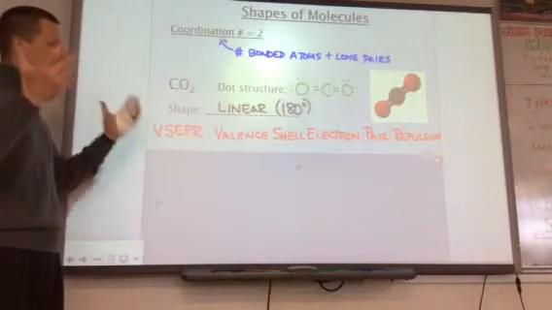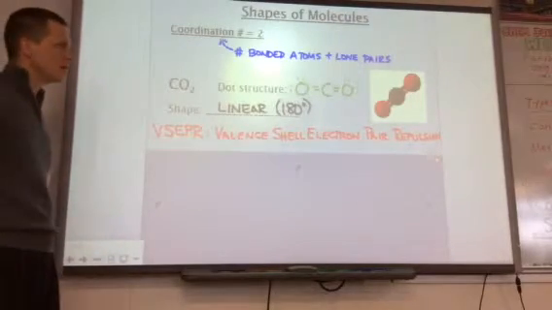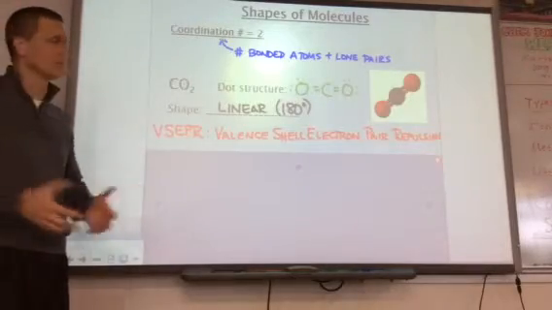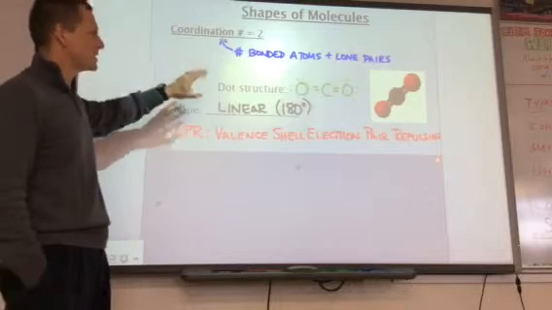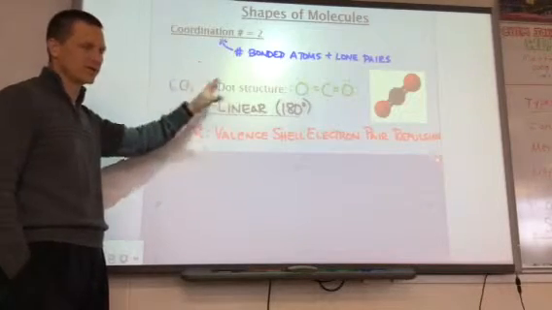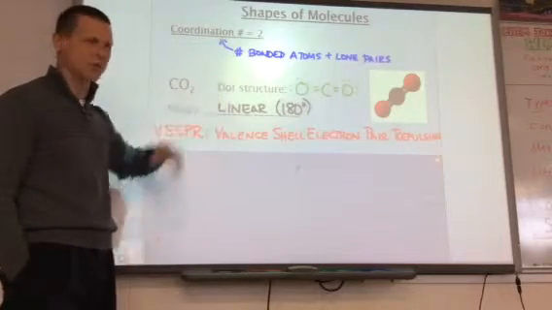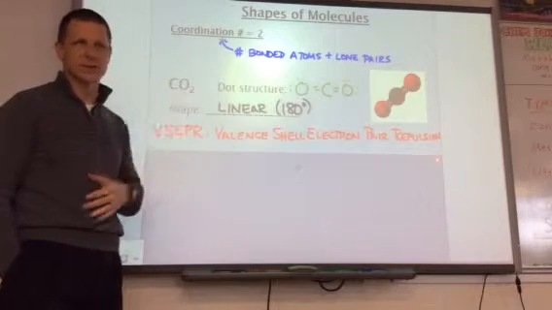So that's our only example of a coordination number of two. There are other examples of coordination number of two, but sometimes we'll have other possibilities with lone pairs for different coordination numbers. That's it for coordination number of two. All coordination number of two is going to be linear.